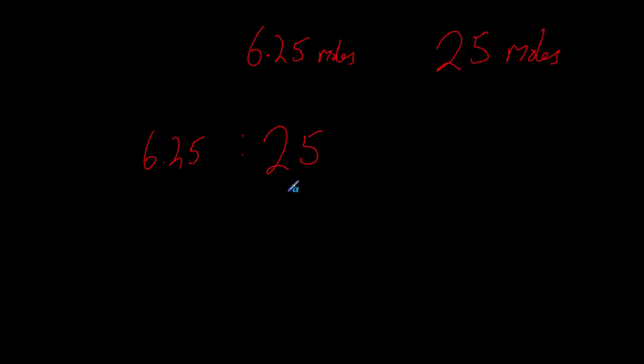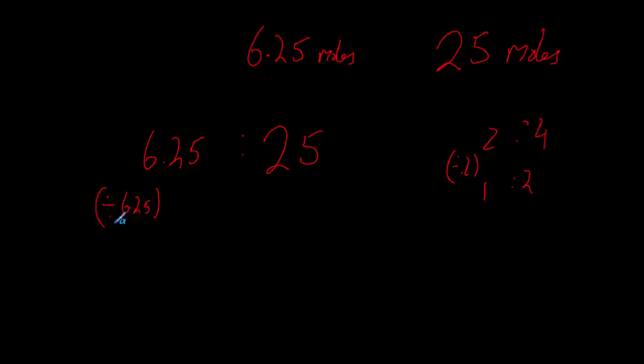The way that we work out the simplest ratio is we divide by the smallest number. Because if it was, for example, 2 to 4, if you divide both sides by 2, you would get 1 to 2. Okay, because you've divided by 2 there. We do no different here, except you're probably going to use a calculator. We divide by 6.25.